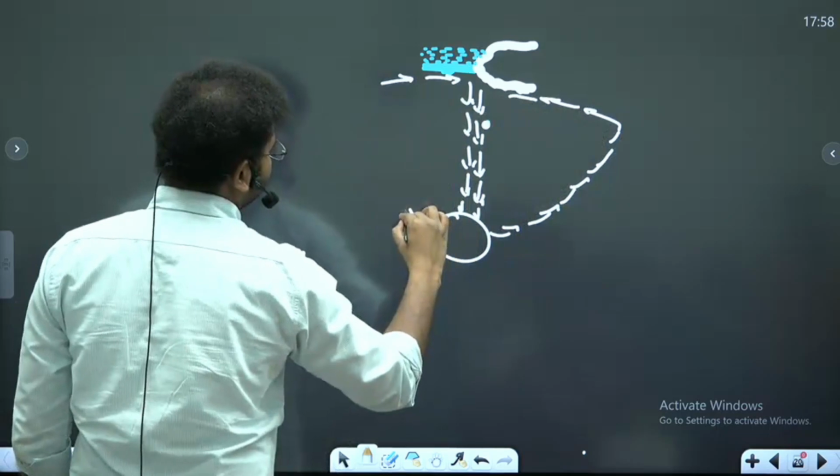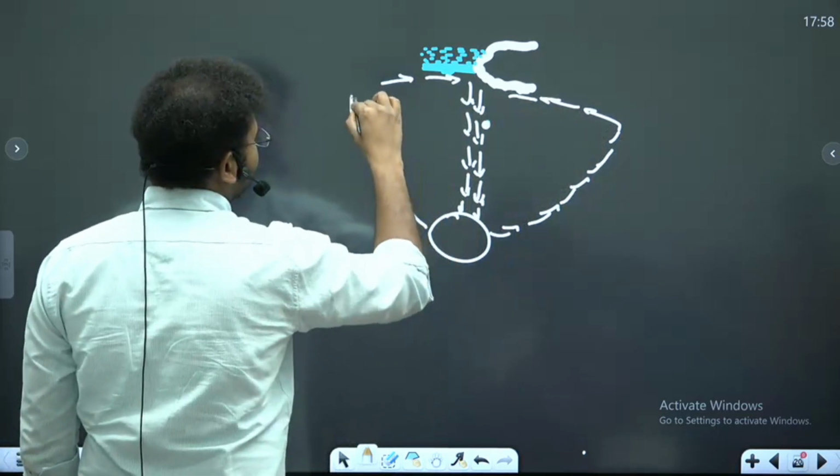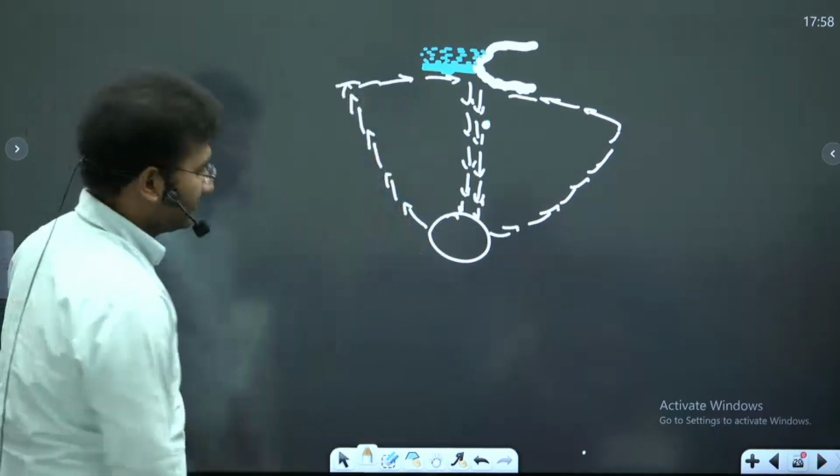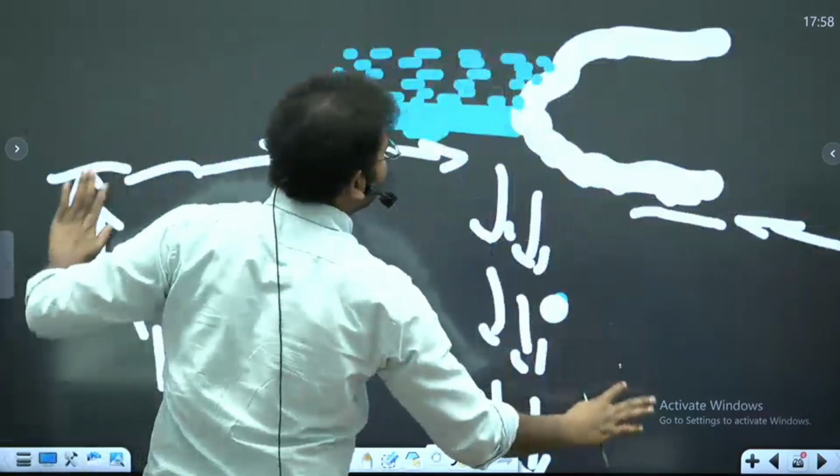Am I correct? This is a cell that's happening. So let's try to go and see what's there here.